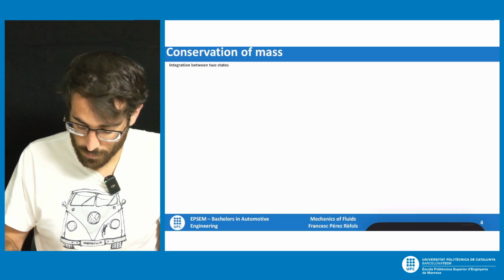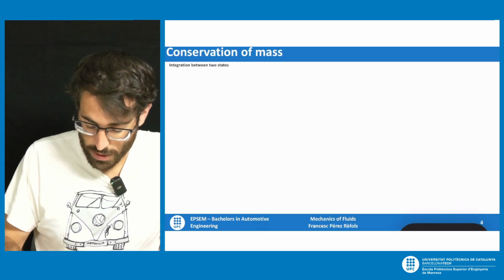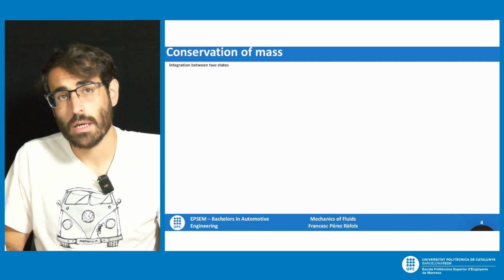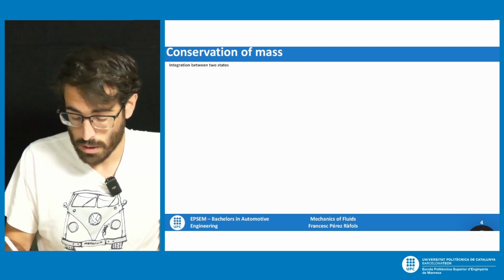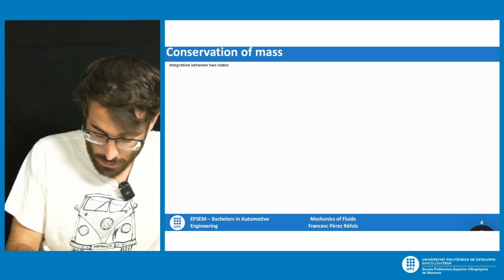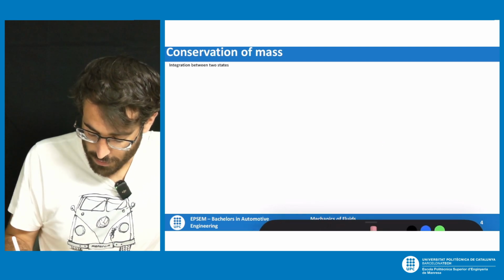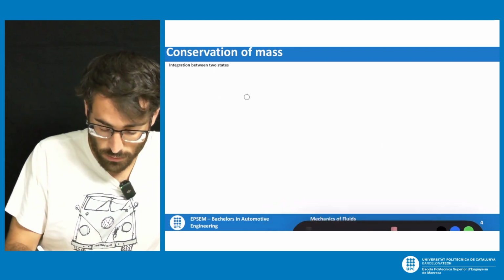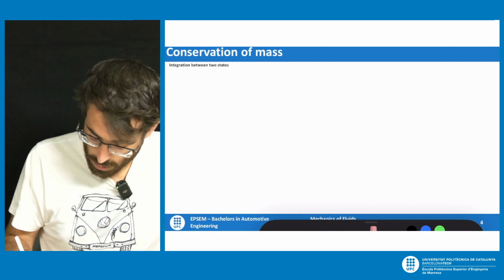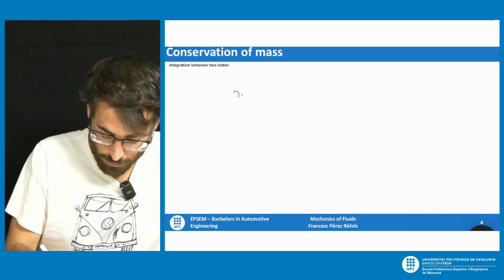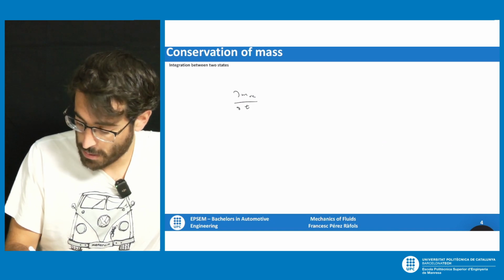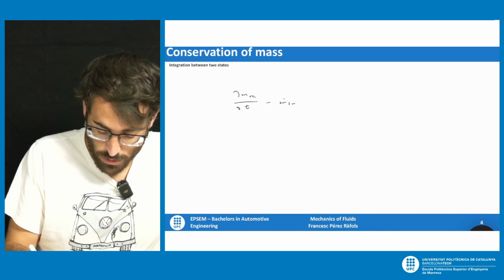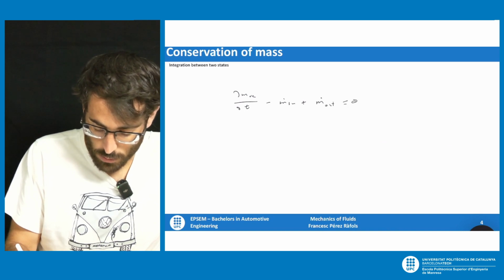Good. Before finishing, let us consider the mass balance equation between two states. If we write it in the simplified version, though this would also apply in the more general case, we have the change of mass, minus the mass flow in, plus the mass flow out, equal to 0.